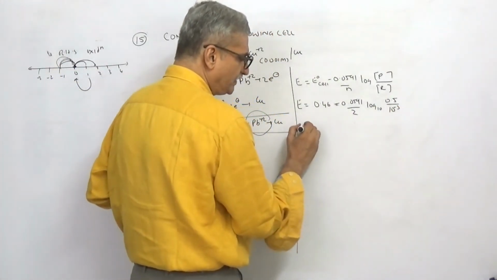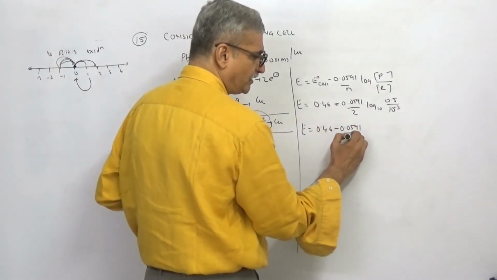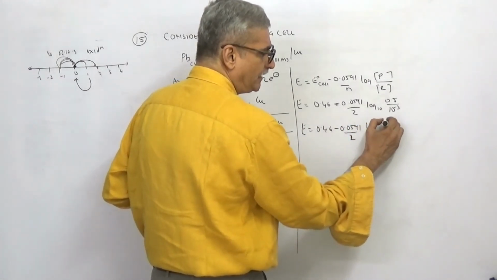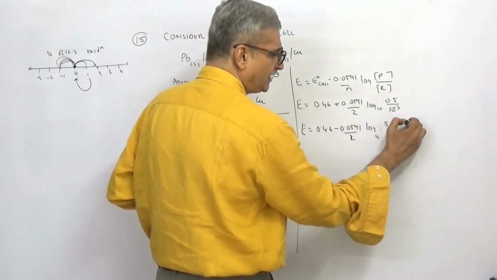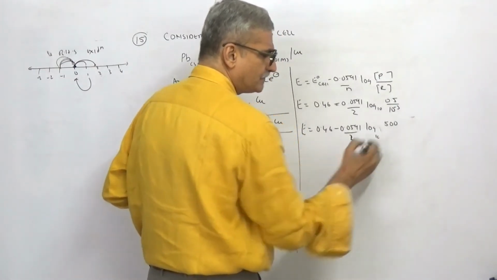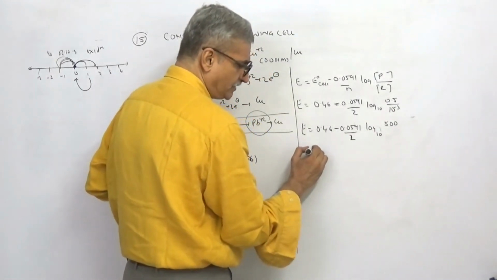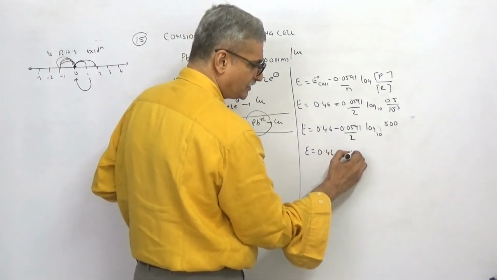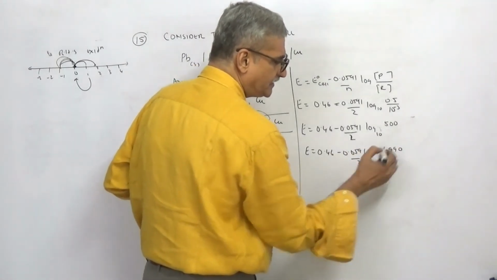Therefore E of the cell will be 0.46 minus 0.0591 upon 2 log to the base 10 of, see, 0.5 is 5 into 10 raised to minus 1 into 10 raised to plus 3. So this becomes 500. Log of 500 is 2.6990... I know this by heart. So 0.46 minus 0.0591 upon 2 into 1.6990.